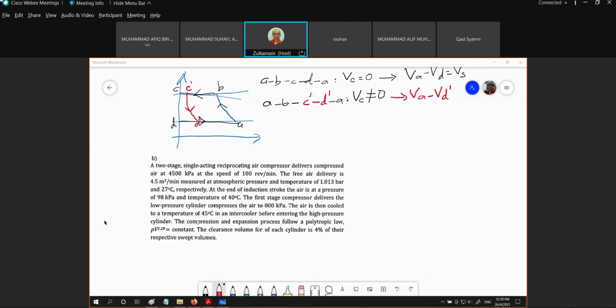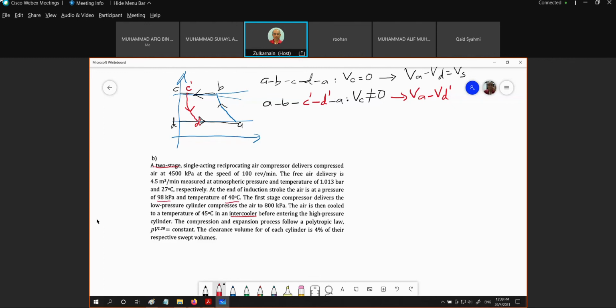Okay. What can you see right here? I can see this is an intercooler. There is an intercooler, two stage. And then I can see that at the induction stroke, the air is at a pressure of 98 and 40.